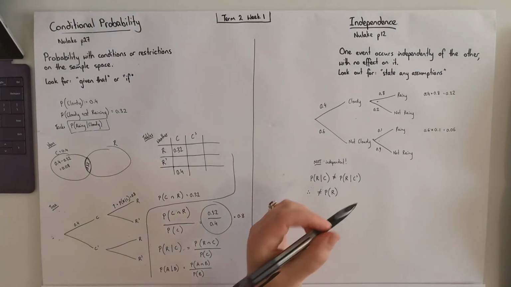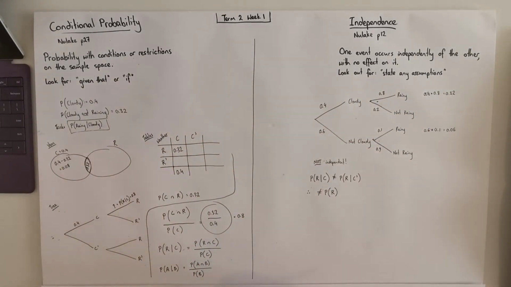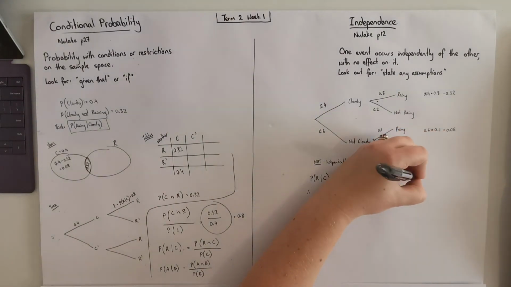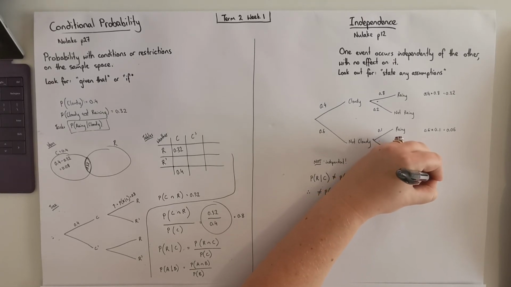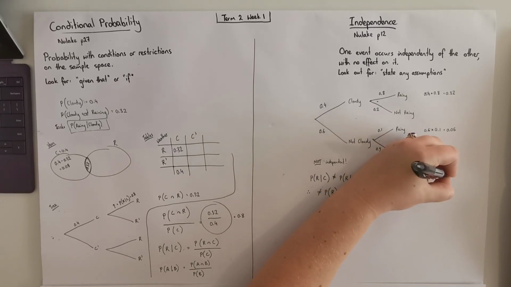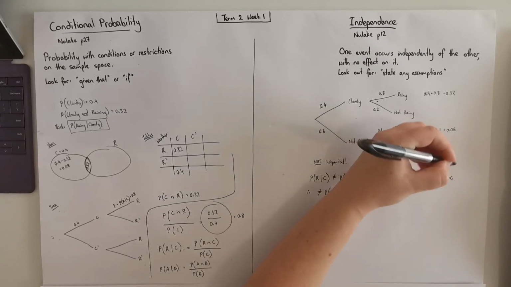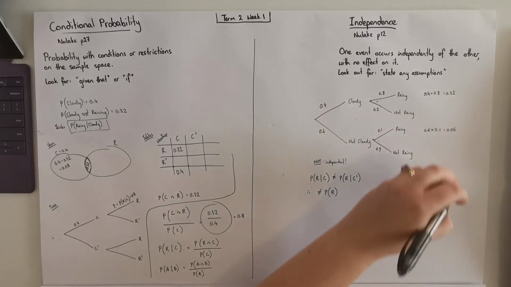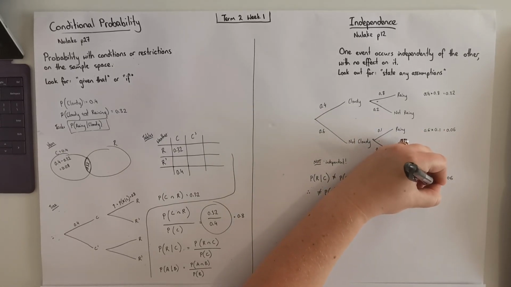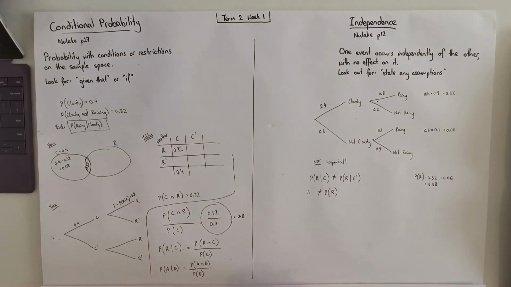That means that the sum total of all situations where it's raining would have to be 0.32 added to 0.06, which is 0.38.